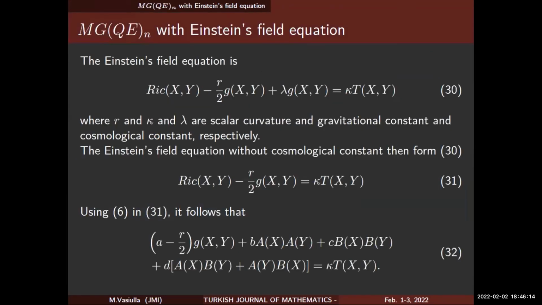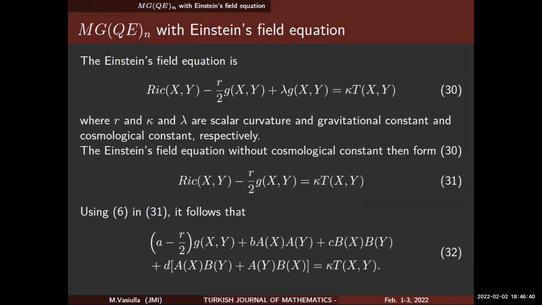Next section is mixed generalized quasi-Einstein manifold with Einstein's field equation. The Einstein field equation is S x y minus r by 2 g x y plus lambda g x y equal to kappa T x y, where r, kappa and lambda are the scalar curvature, gravitational constant, and cosmological constant respectively.